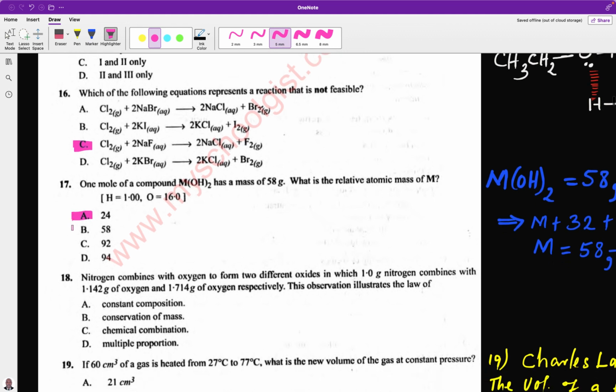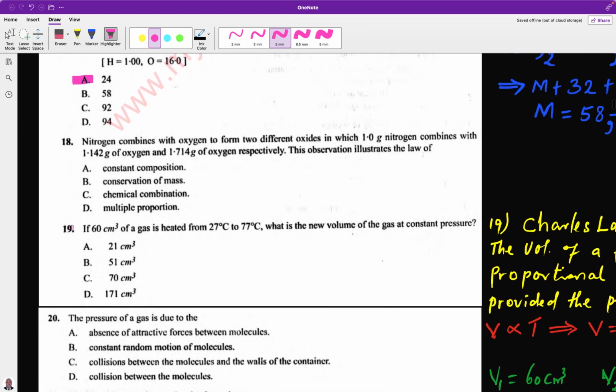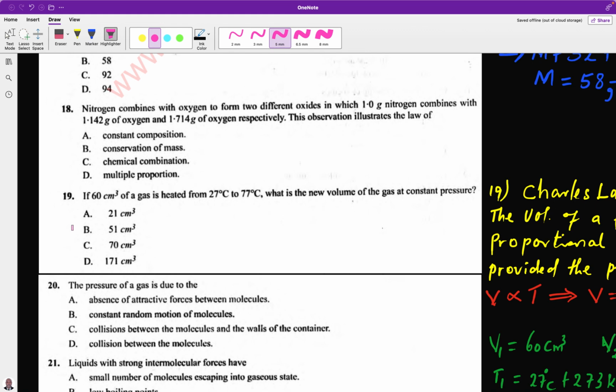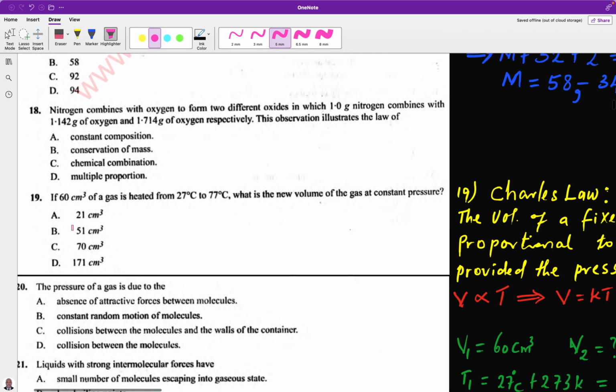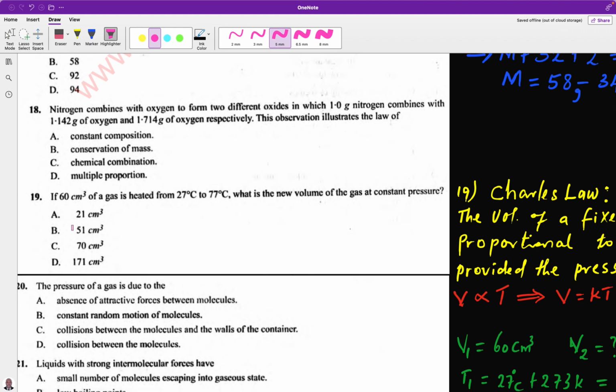Now let's go to question number 18. Nitrogen combines with oxygen to form two different oxides, in which 1 gram of nitrogen combines with 1.12 gram of oxygen and 1.714 gram of oxygen respectively.